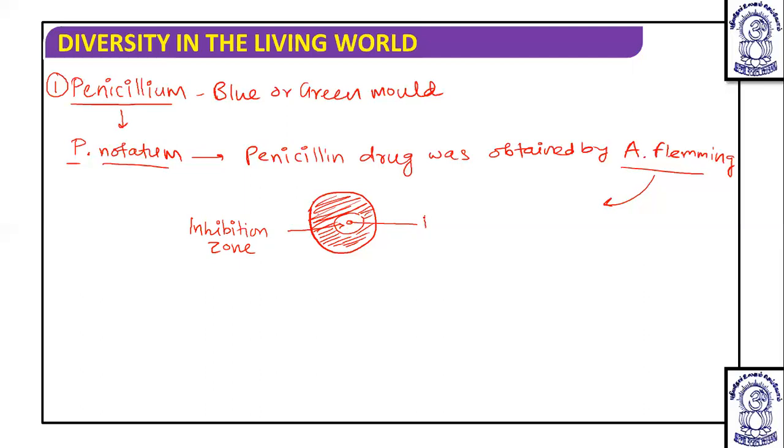Later on he found that this is a fungus which releases a substance that inhibits the growth of bacteria in this region. He found that this fungus is Penicillium notatum, and from it the chemical which inhibits the growth of bacteria was identified and named penicillin.